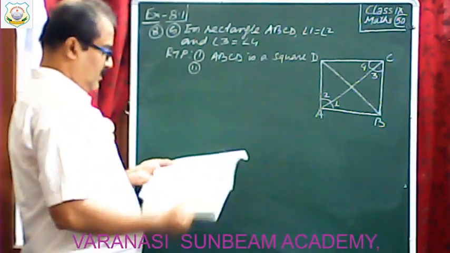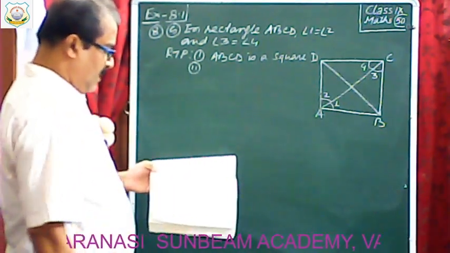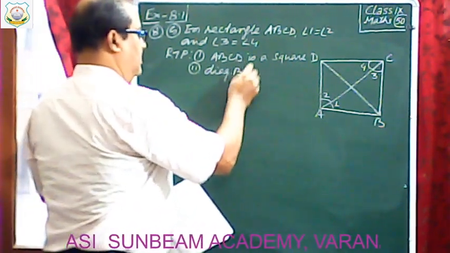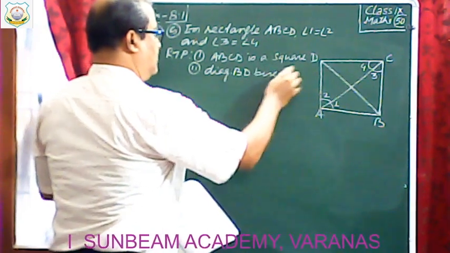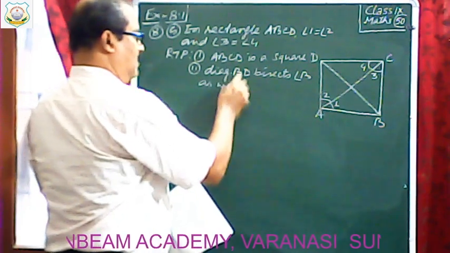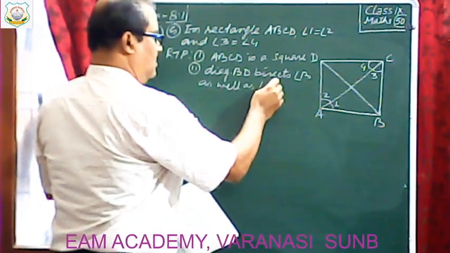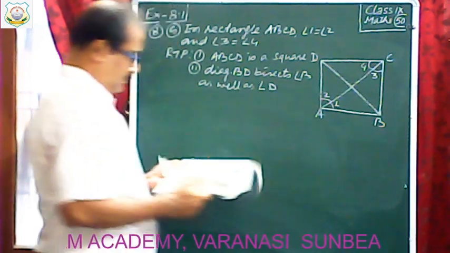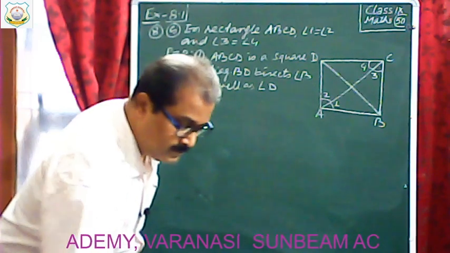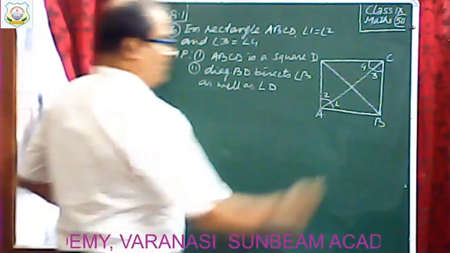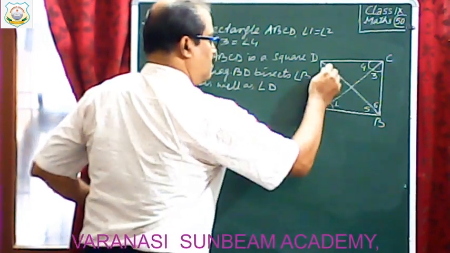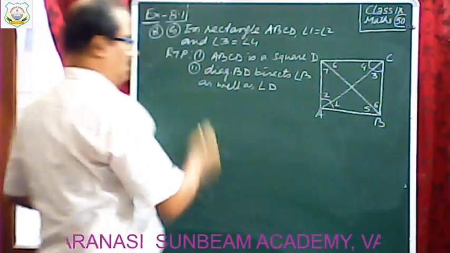Second, diagonal BD bisects angle B as well as angle D. So you have to prove 5 equal to 6, 7 equal to 8.